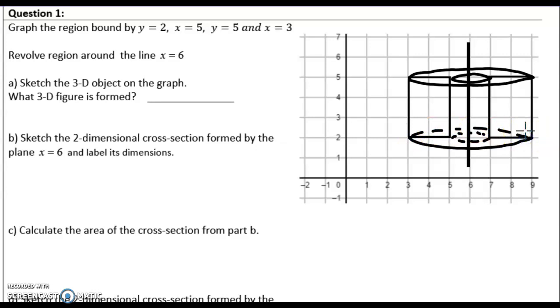Okay, so I have a hollow cylinder. I have like a cylinder inside a cylinder. So what is this shape called? We're going to call it a hollow cylinder.